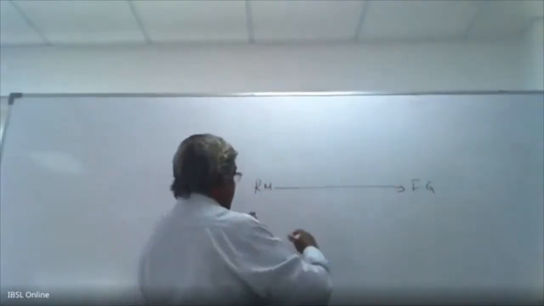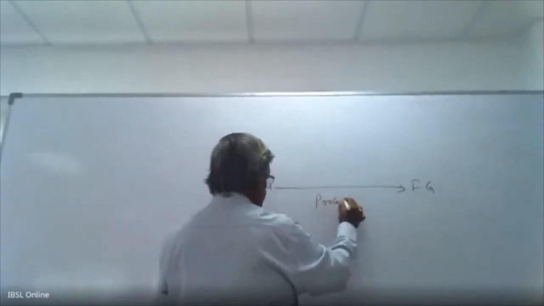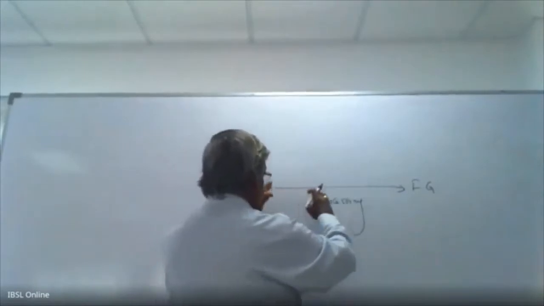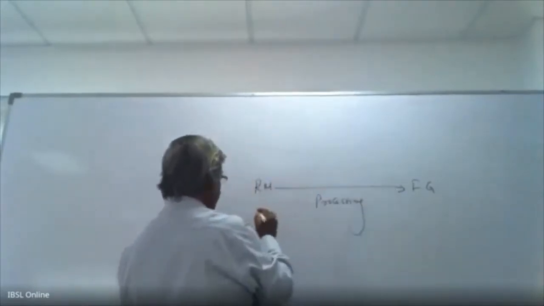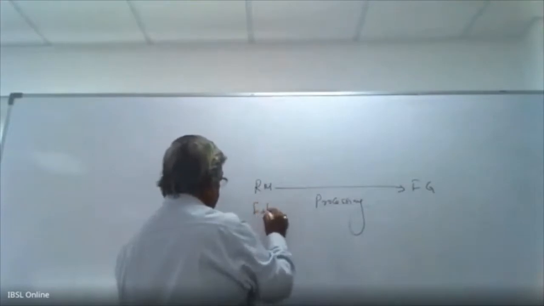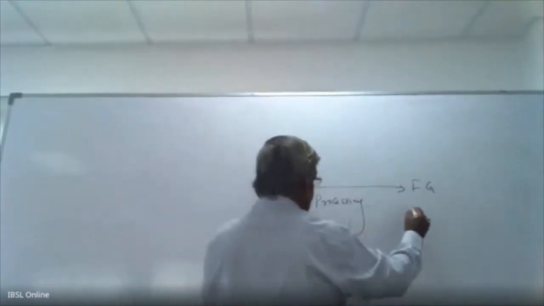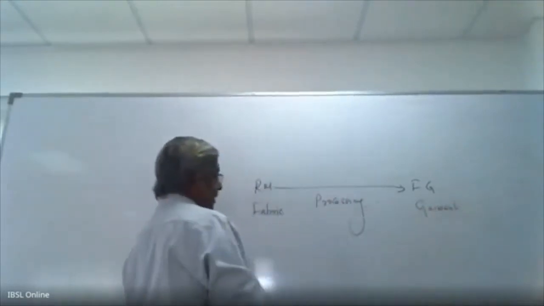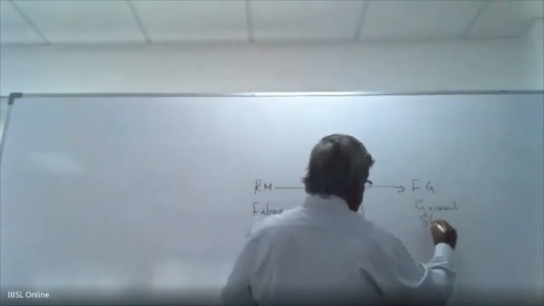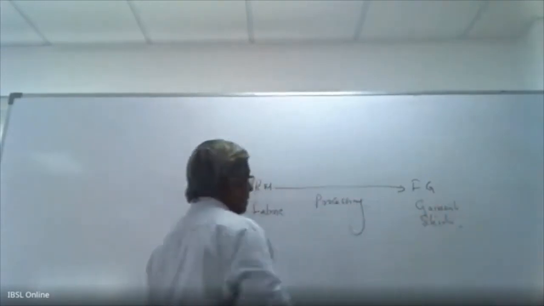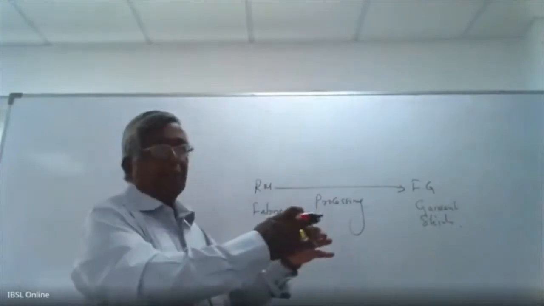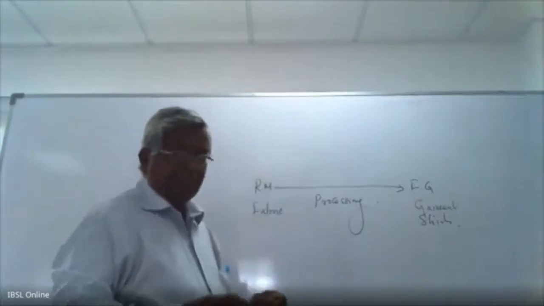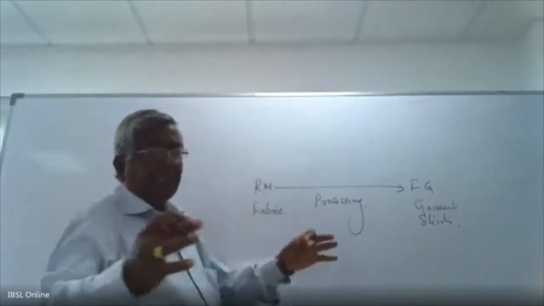When the raw material is processed, there are items in between. Take shirt manufacturing, for example. The shirt won't come immediately. First the fabric is cut into pieces of different shapes, then stitched, and finally assembled.